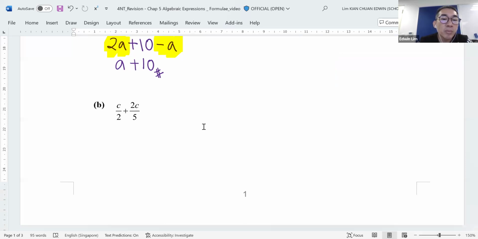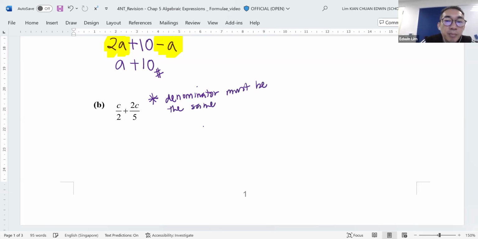3b. c over 2 plus 2c over 5. Remember, for fraction, denominator must be the same. All right, so to make denominator to be the same, c over 2, I will times 5, I will times 5.